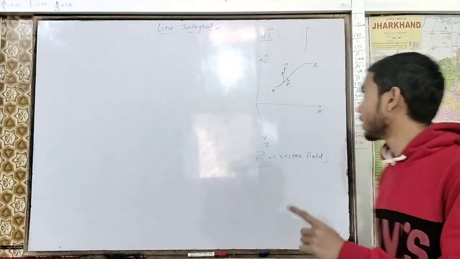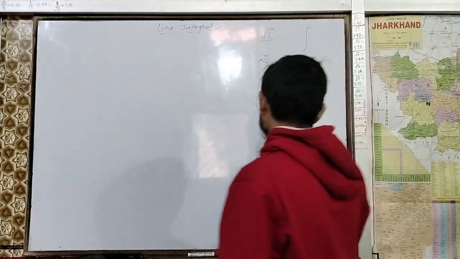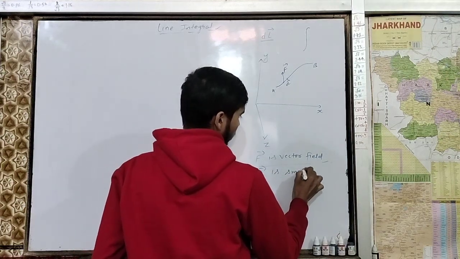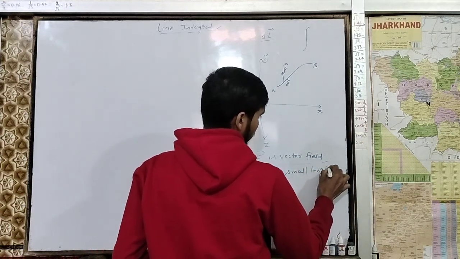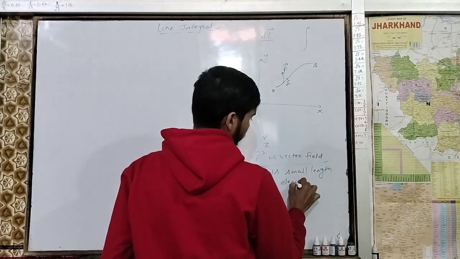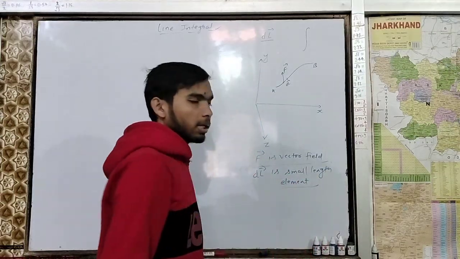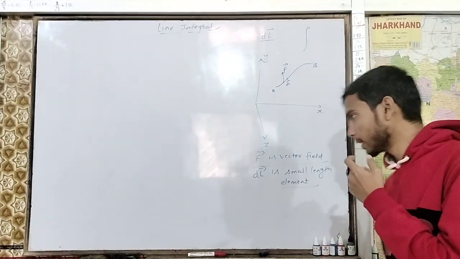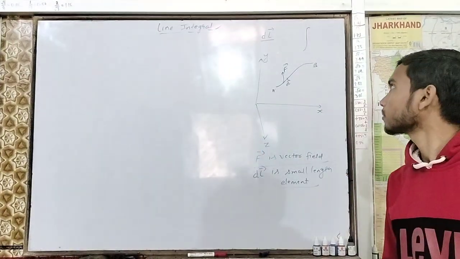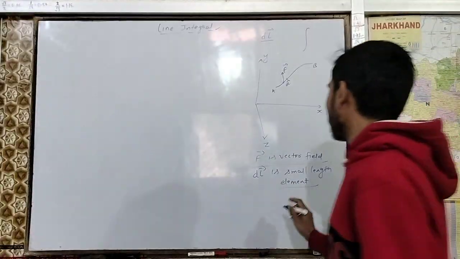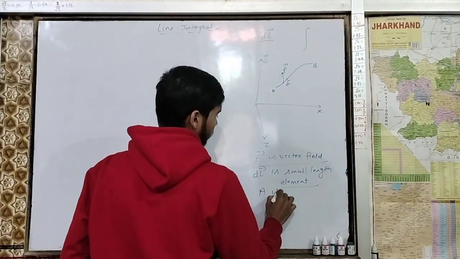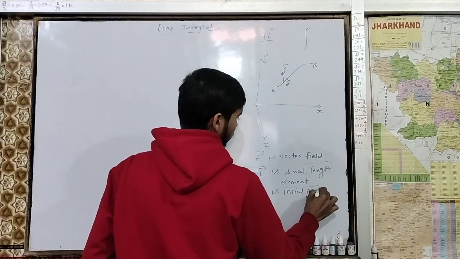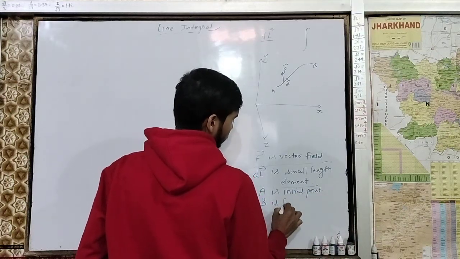And dl is a small length element. D means small, L means length, and it is a vector quantity. Remember, A is the initial point and B is the final point.